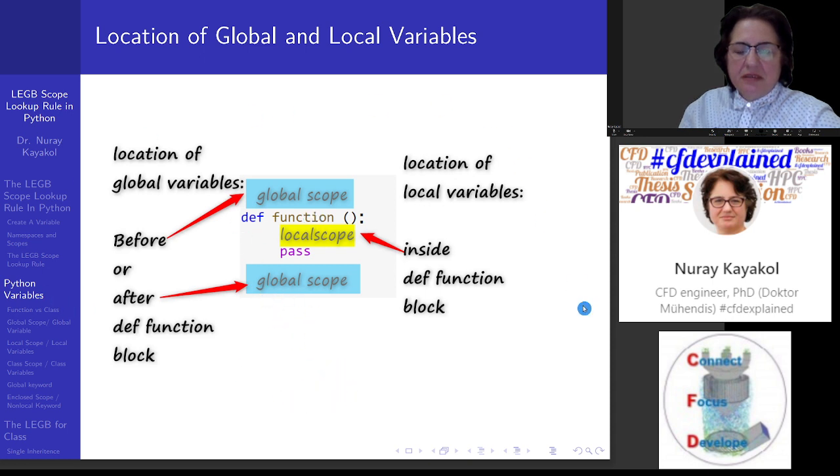So these are the locations where you can define your variables. In the yellow region you can define your local function, and in the blue regions global variables can be defined. Why are these important?